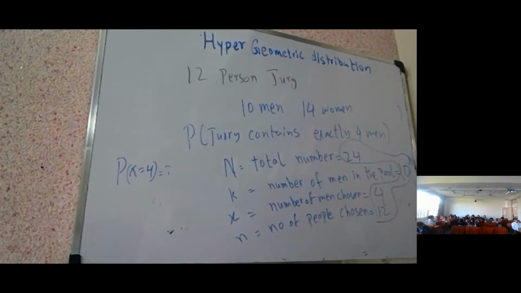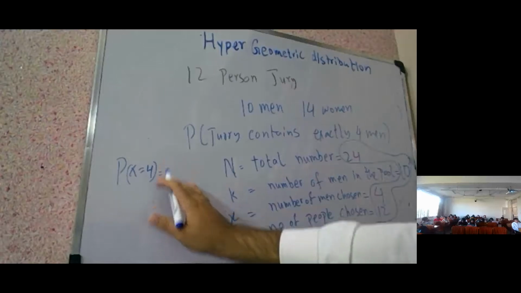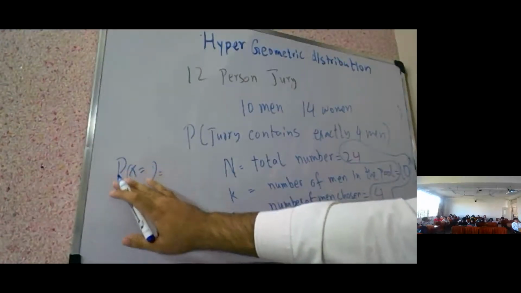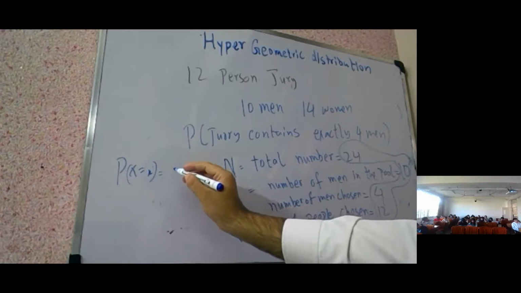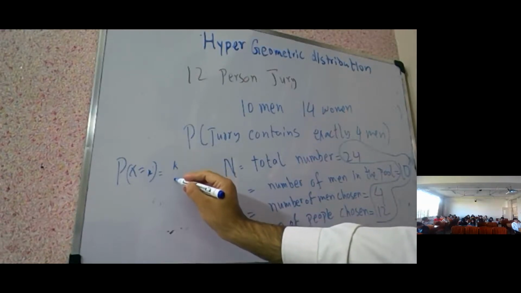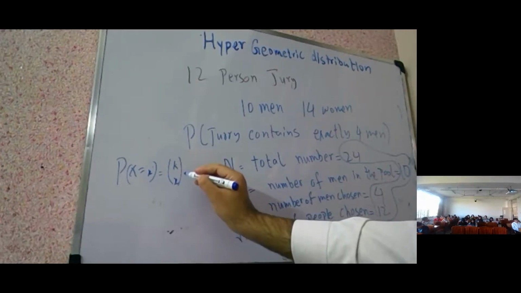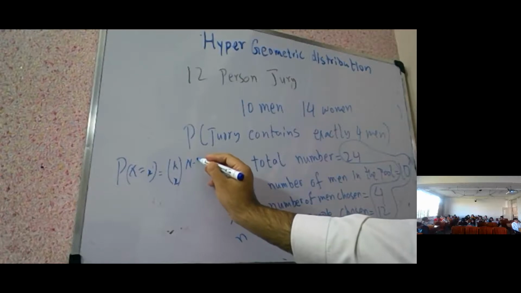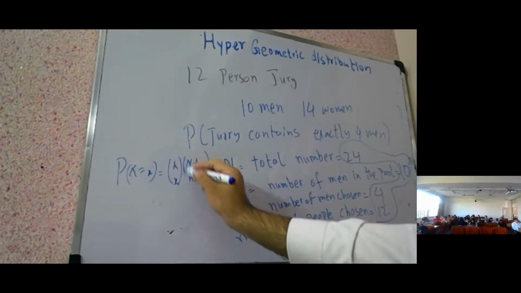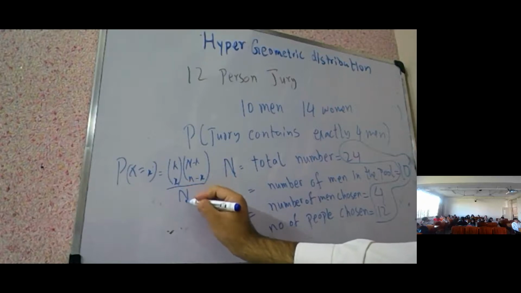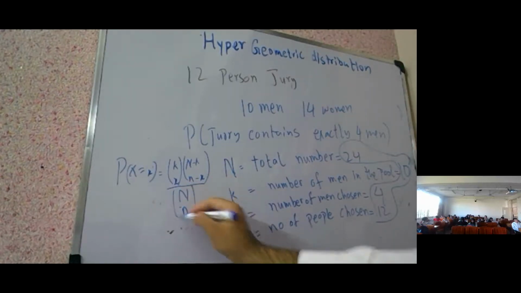Let me tell you the probability function in a hypergeometric distribution, and then we will see how we calculate it. So the probability of X equal to small x is K combination of x, times N minus K combination of n minus x, divided by N combination of n.